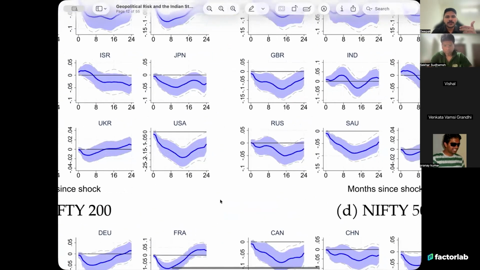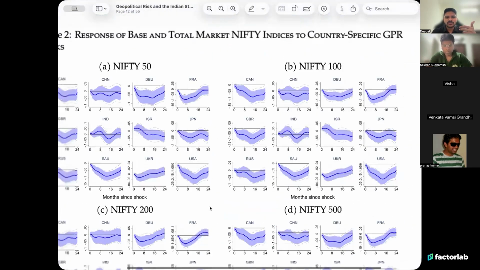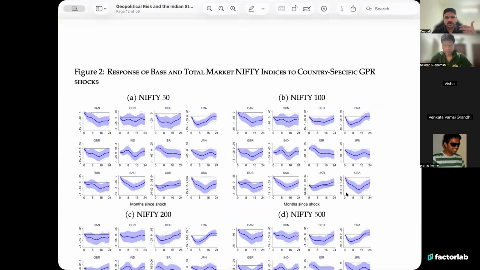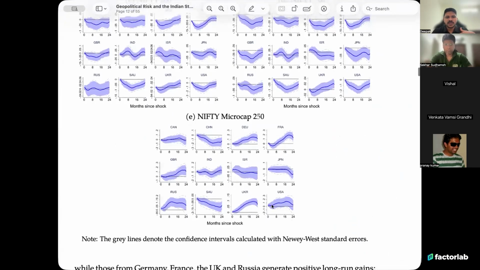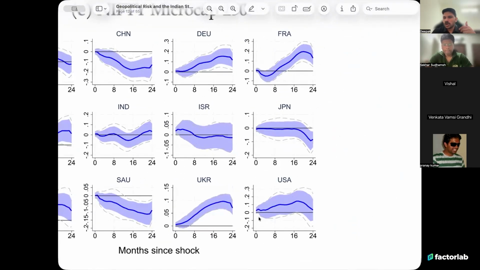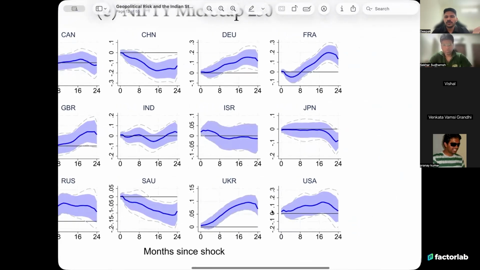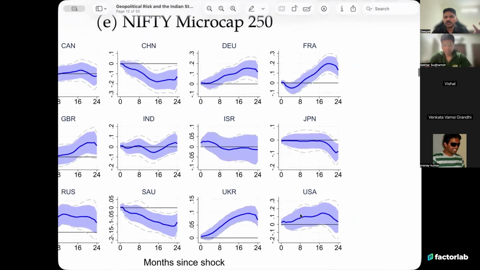You can also see that with Nifty 100 it's dropping, Nifty 200 and Nifty 500. But if you see micro cap, it's not dependent a lot on whether the US is involved in the war or not. So that's further evidence for our entry into microcap.